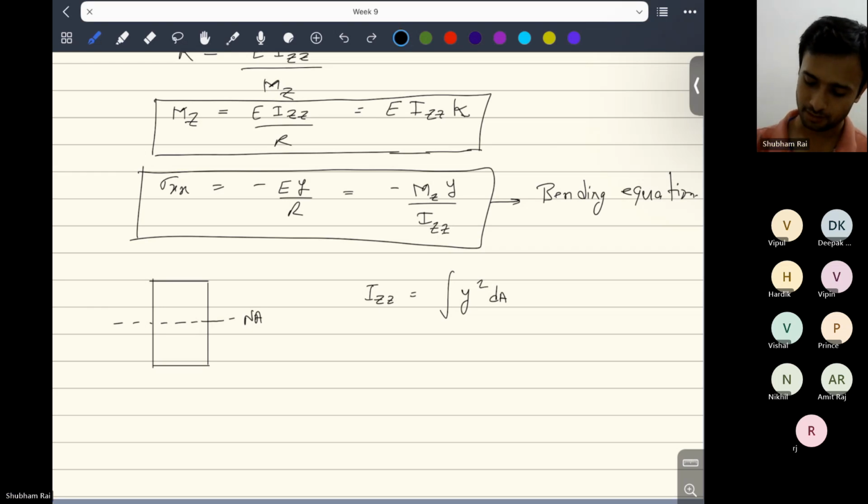Now, let's say this distance here is y from the neutral axis, and dA will be a small area element. So let's say this is dA here. Here we have dA, a small area element, and its length will be dy. So this will be dy. And the width will be this width.